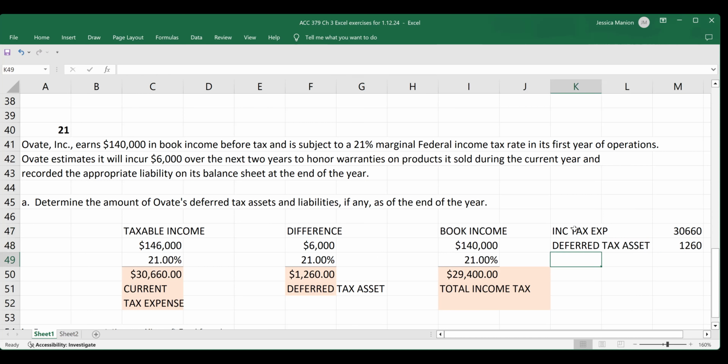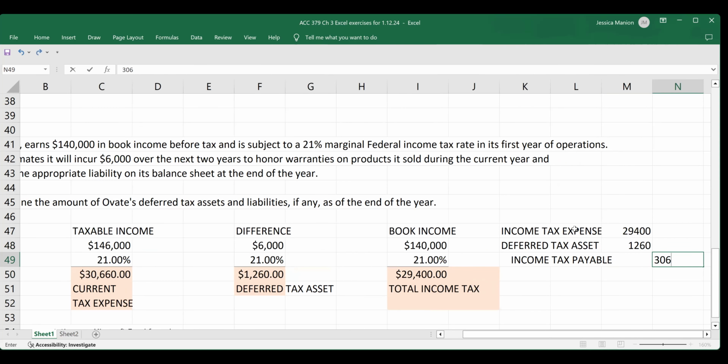Oh, hold on, I'm going backwards here. Debit income tax expense, 29,400. Debit deferred tax asset, credit income tax payable, for the 30,660.